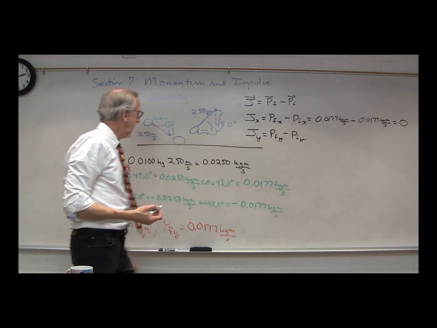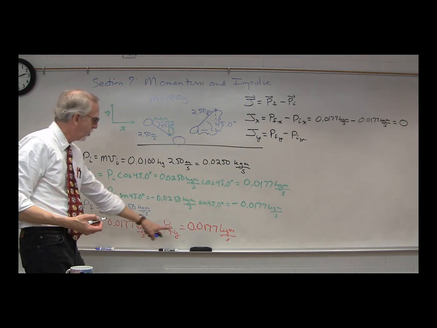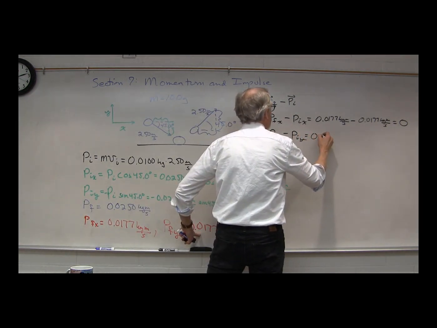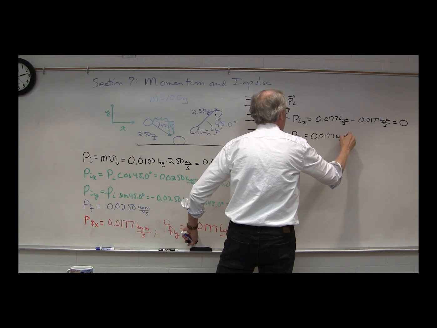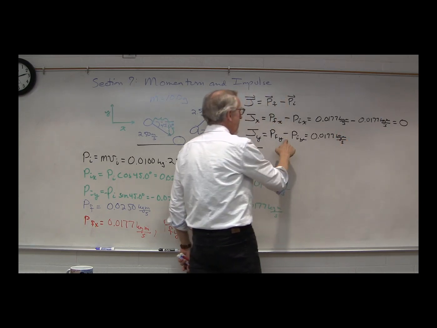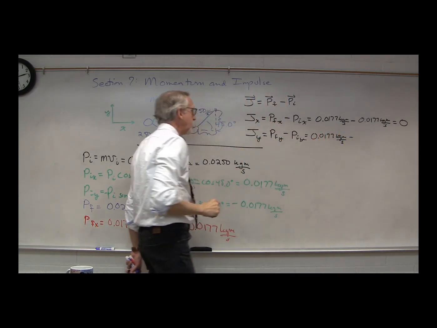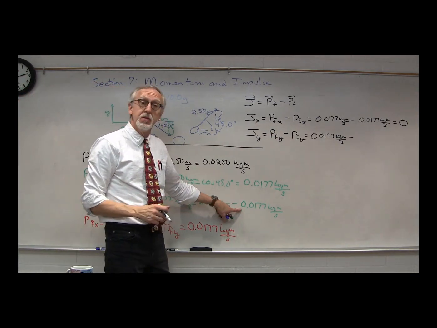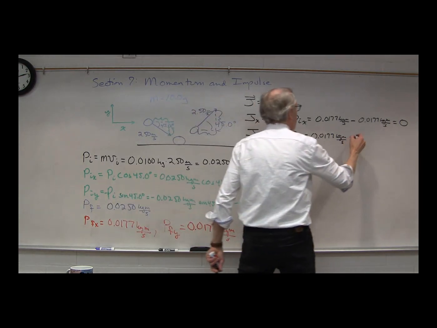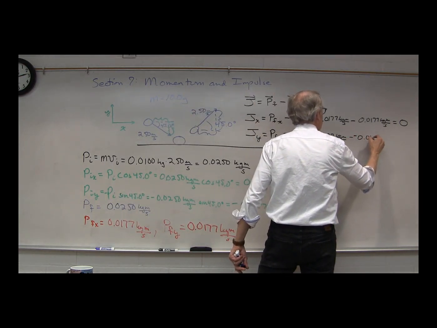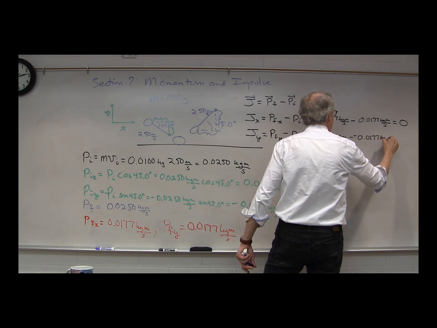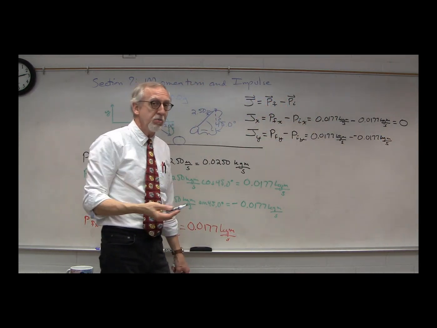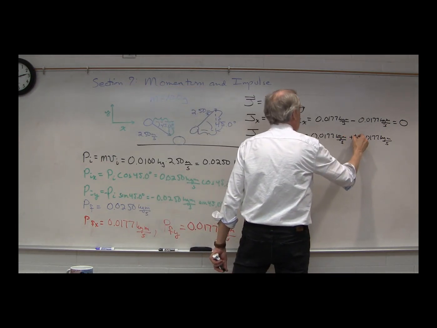What about Jy? Well, P final y is 0.0177 kilogram meters per second minus P initial y. P initial y is negative 0.0177. So minus a negative. Those don't cancel out, they combine together.